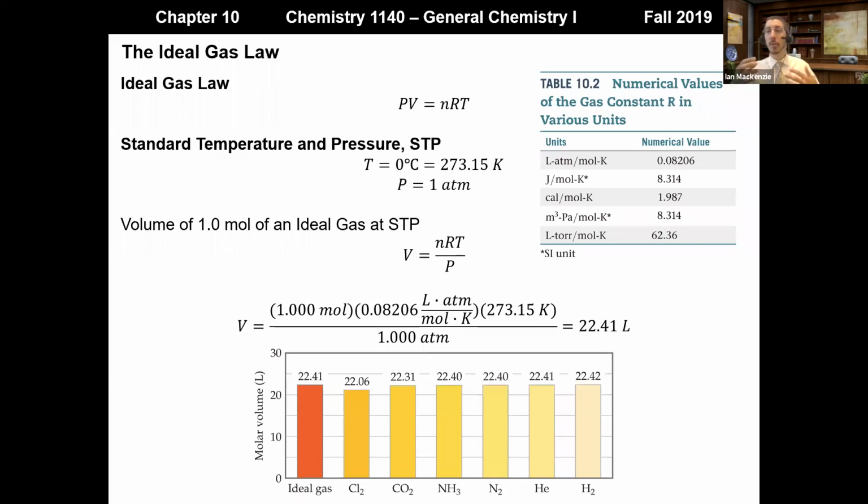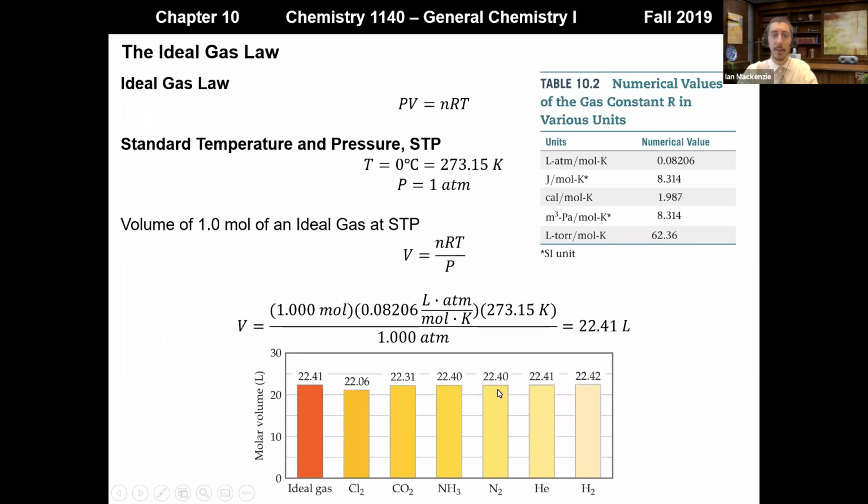And this is useful because it's a measure for how ideal actual gases are, because we can take 1 mole of an actual gas and measure what volume it occupies at the standard temperature and standard pressure. And we can see a few of those shown here. So an ideal gas should be at 22.41 liters. And many normal gases, such as carbon dioxide, are very close to that.